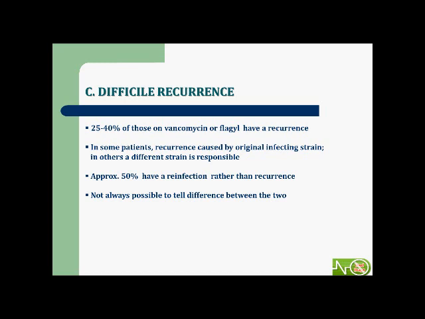It could be a recurrence caused by the original infecting strain or by a different strain. Approximately 50% of the patients have reinfection rather than recurrence, and it's hard to tell the difference between both of them.